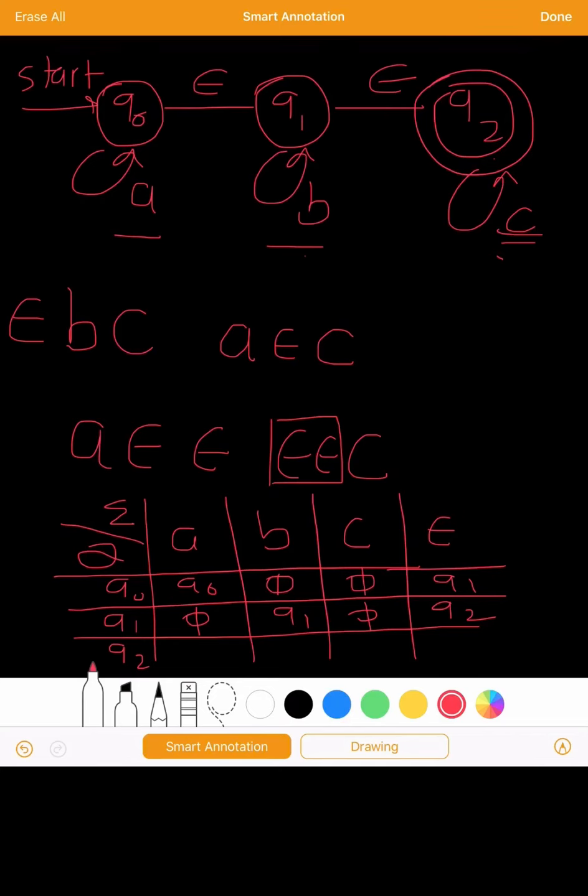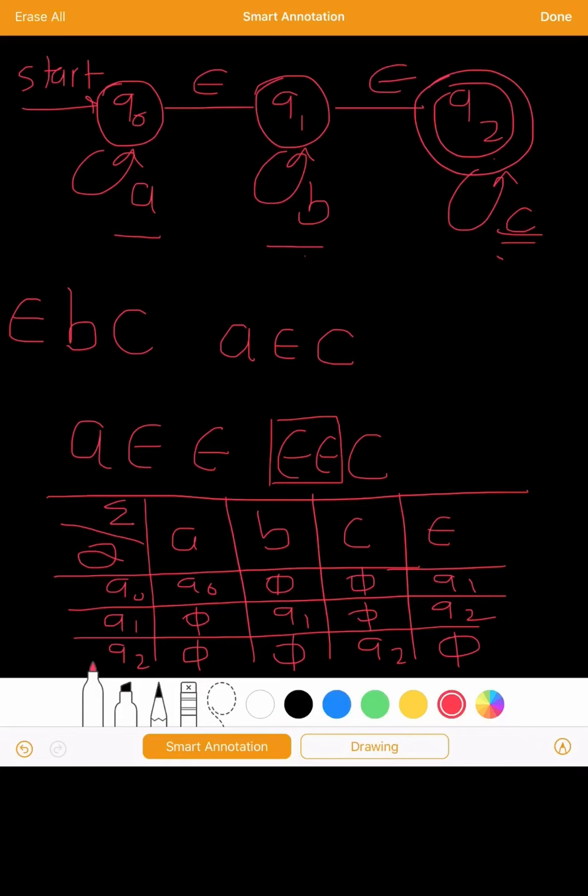For Q2 we don't carry A and B, that's why we can write here phi. Also from Q2 we carry C to Q2 itself, and also it don't carry epsilon, that's why we can write here phi, right. So this would be the transition table for the NFA with epsilon, right.